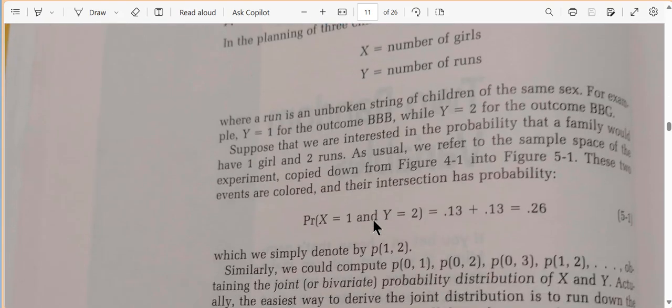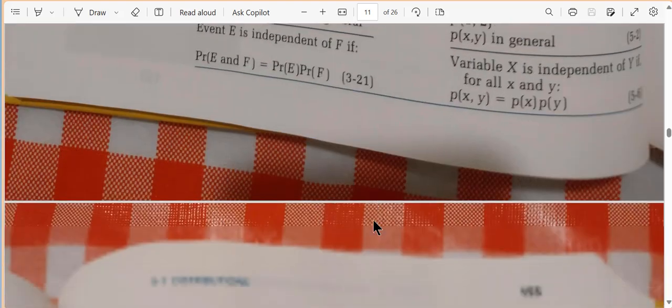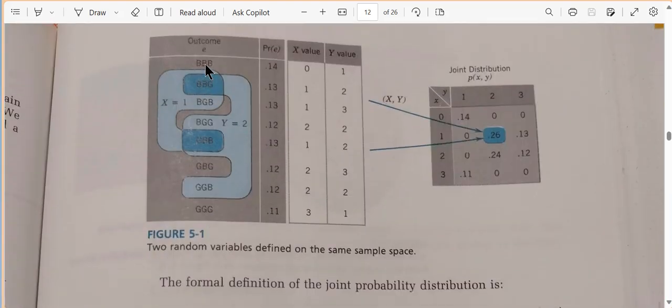Here was the sample space before for the number of girls. Here we have a run of boys and then a run of girls. It's a little hard to understand when you only have three children or three births.